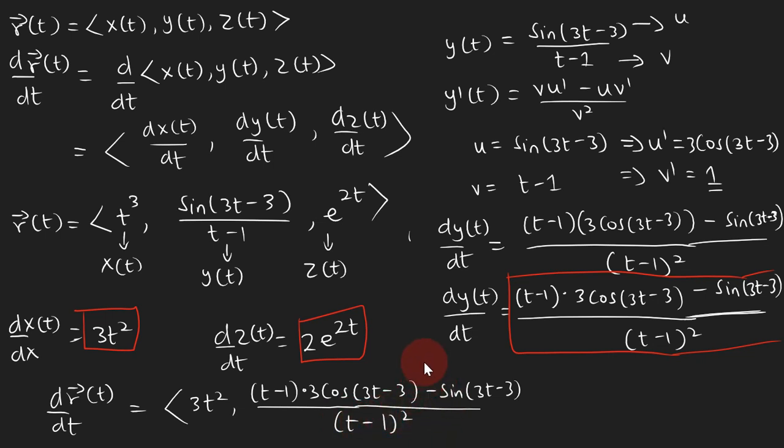I'm not sure you can further simplify this here, that's why I left it that way. But you can try and distribute the t minus 1 to it also. Then for the last component function, we have the derivative to be 2 multiplying e to the power 2t. So this will be the derivative of the vector function that was given.